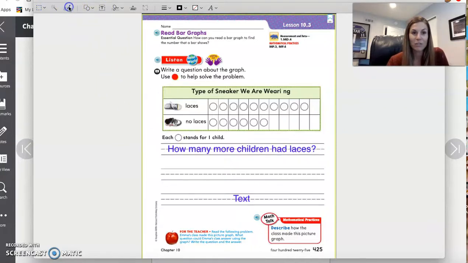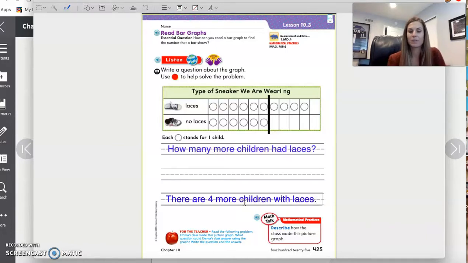So if I came over and I looked at the difference right here, this is where they stop being the same, and I can see, oh, 1, 2, 3, 4 more children with laces. So you are writing your question, and then you're going to want to answer that question.